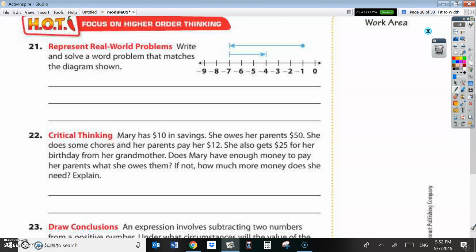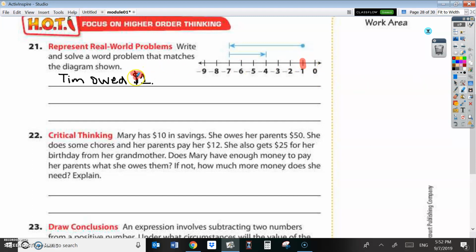Write and solve a word problem that matches the diagram shown. Okay, so Tim owed $1. So that's this part right here.